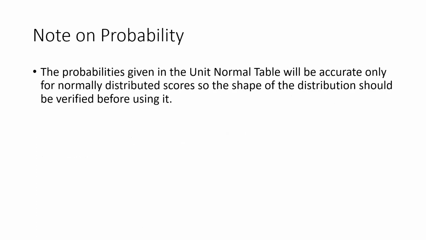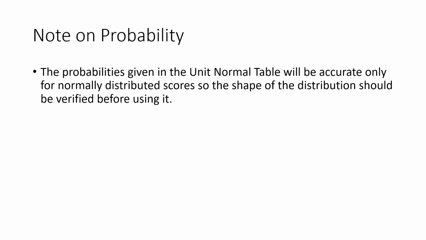I also have a note here on probability. The probabilities given in the unit normal table will be accurate only for normally distributed scores. So the shape of the distribution should be verified before you use it. Now, in this class, because you don't have the ability to verify the samples that we're giving you, or because you don't have the patience to run very sophisticated statistics on very large samples by hand, we're going to just tell you that in any given situation, the distribution is normally shaped.